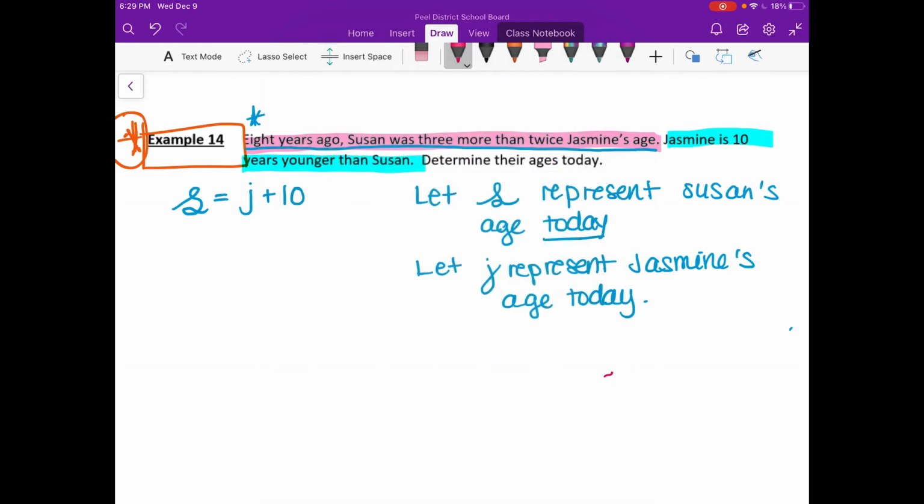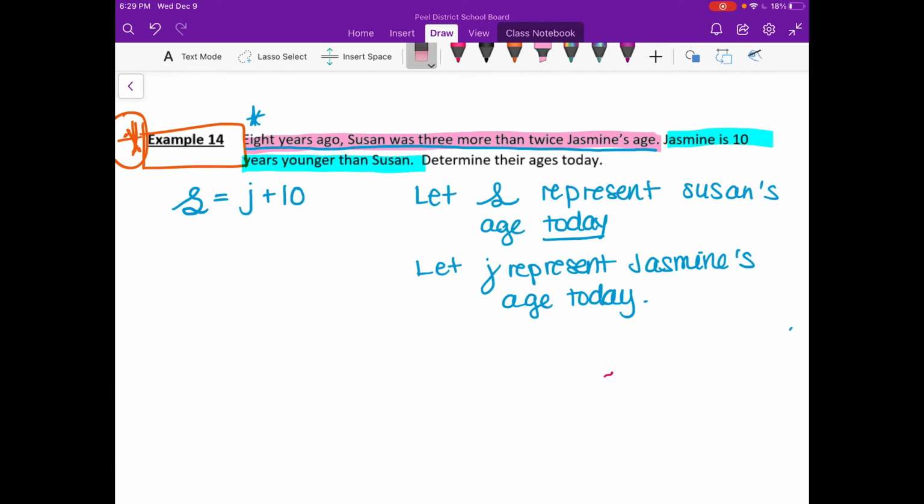Okay, so now I know that 8 years ago, Susan was 3 more than twice Jasmine's age. So Susan, 8 years ago, would be represented by S minus 8. Right?